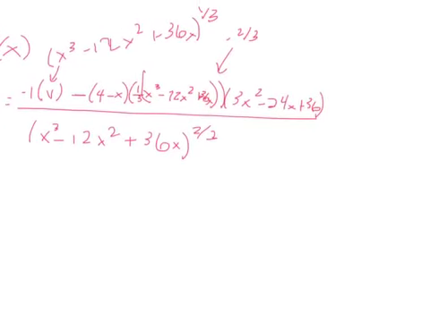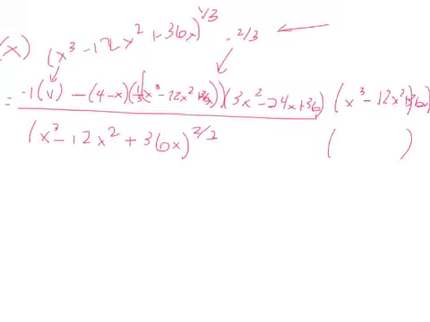I can't have this negative exponent in my numerator, right? I need it in my denominator. So I'm going to multiply the numerator and the denominator by x cubed minus 12x squared plus 36x to the 2/3 power.